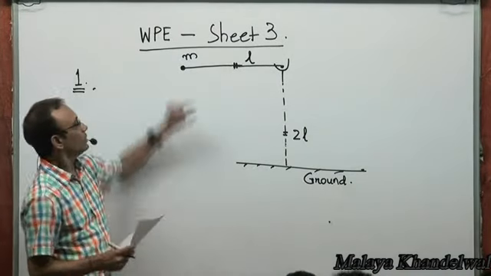The bob is held in this horizontal position, and is released from this horizontal position.